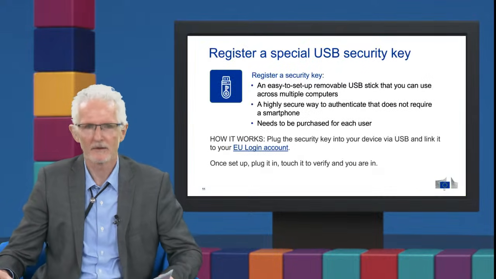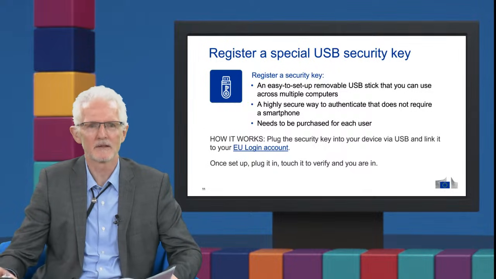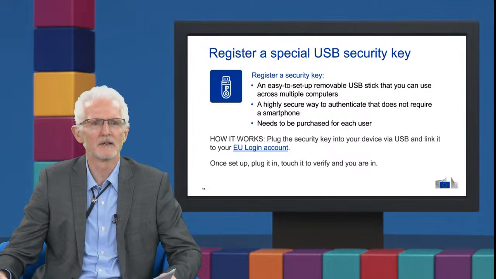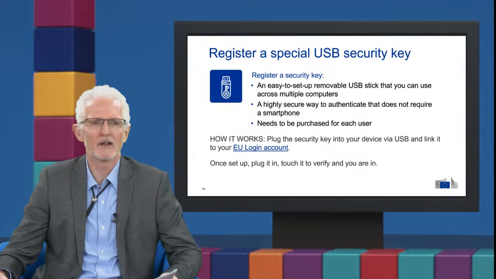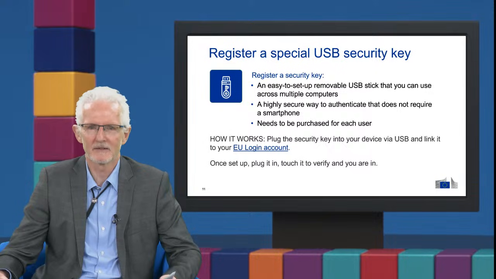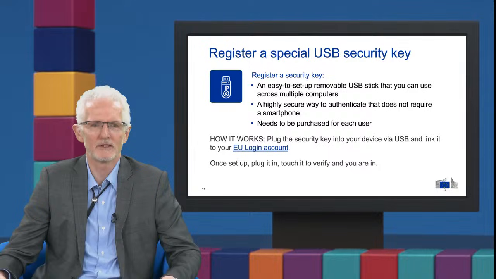Now on the third method, this is the special USB security key method. This is a method if you want to have your second factor across different devices, and you have to buy this security key. It is a special USB key, not a normal USB memory key.